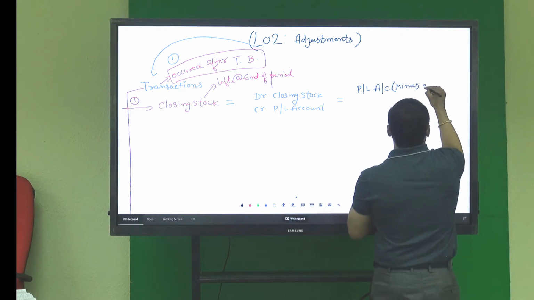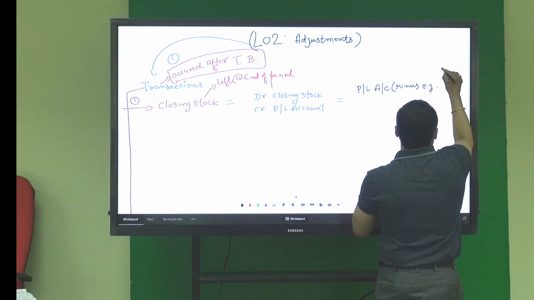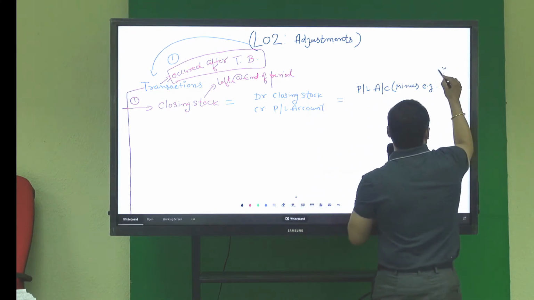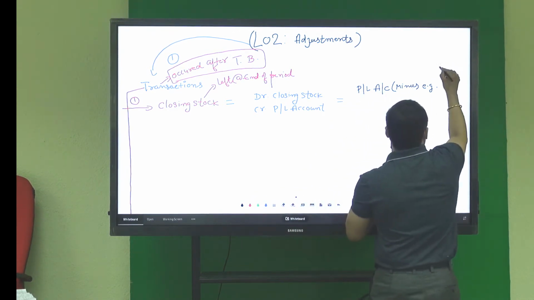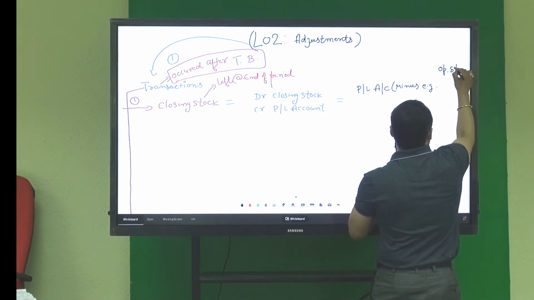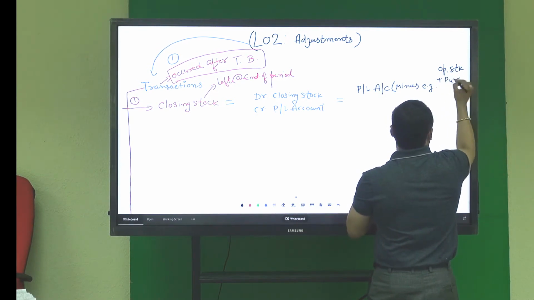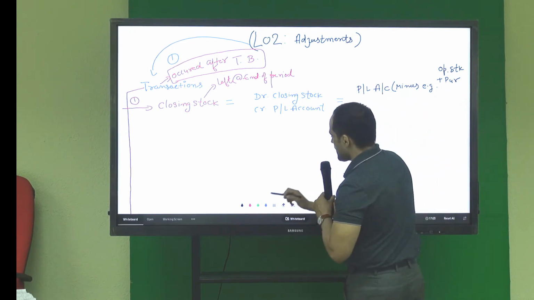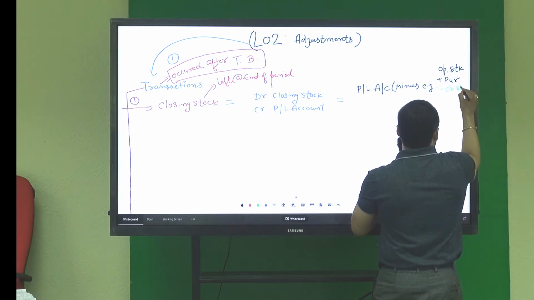Alright, so let's say an example is plus opening stock plus purchase and material, labor and so on, minus closing stock.